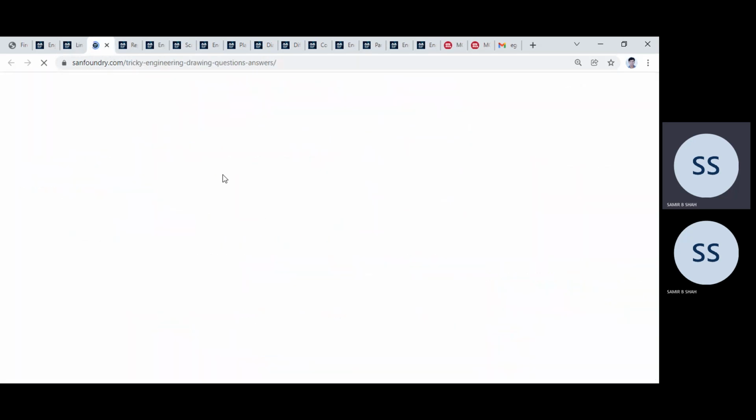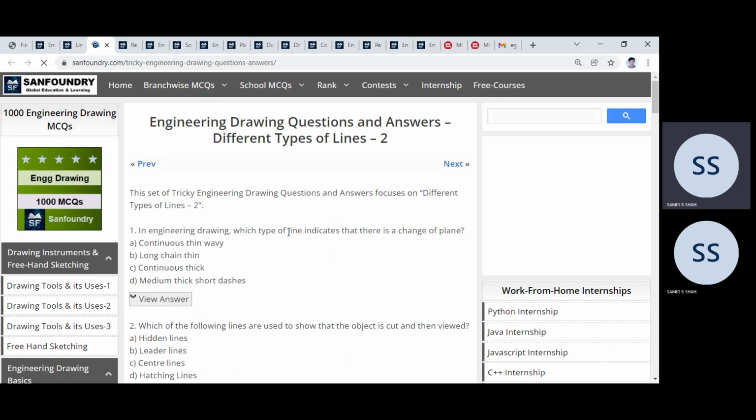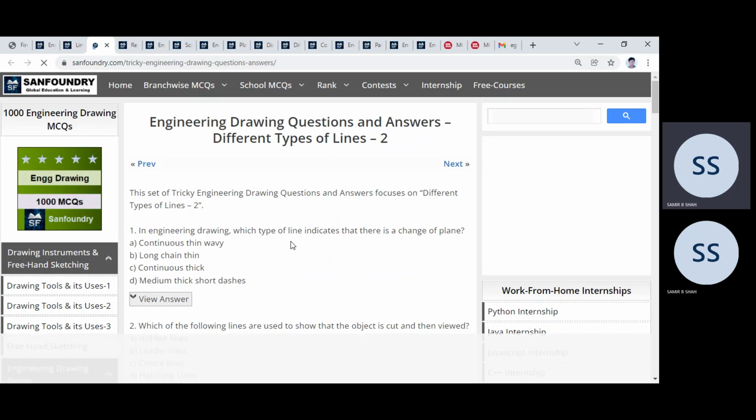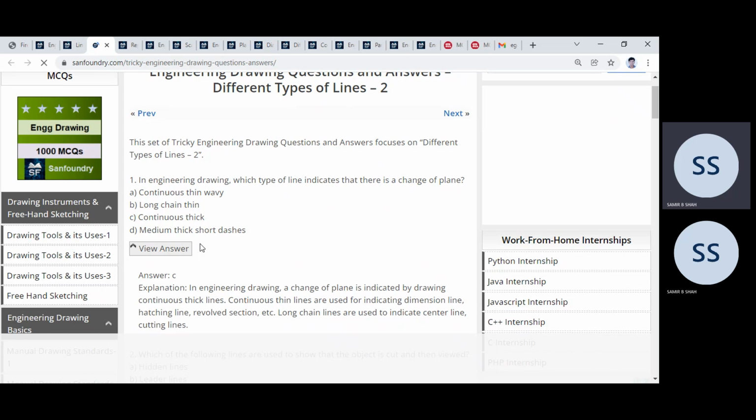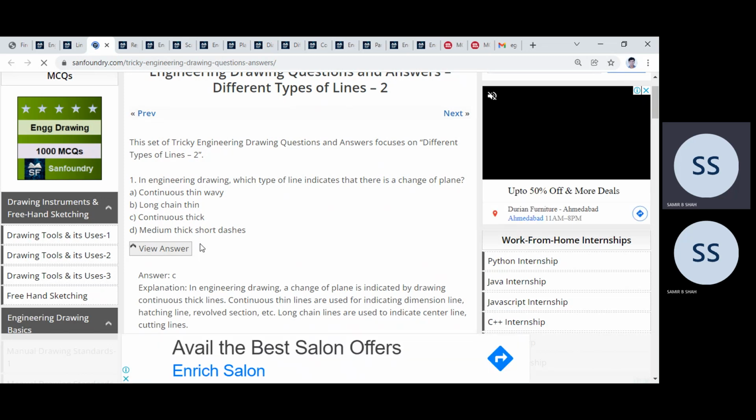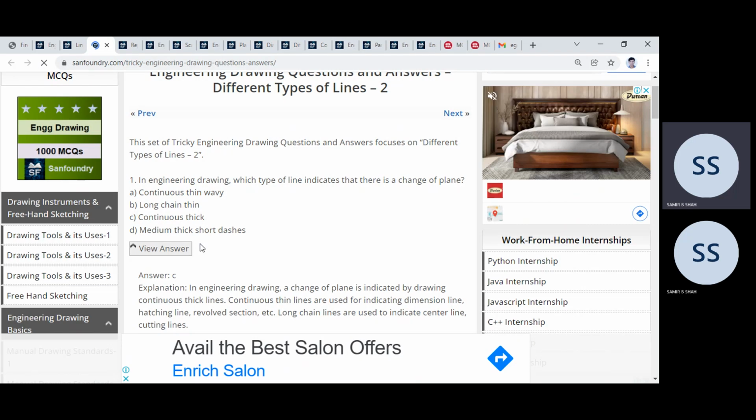Now I start another question: in engineering drawing, which type of line indicates that there is a change of plane? कहाँ पे ऐसा यूज होता है कि वहां पे plane may be changed. Mostly we prefer a continuous thick line.